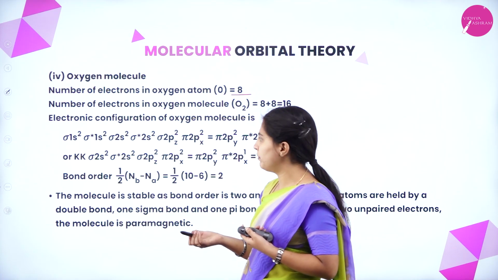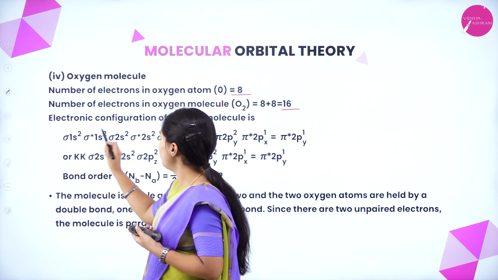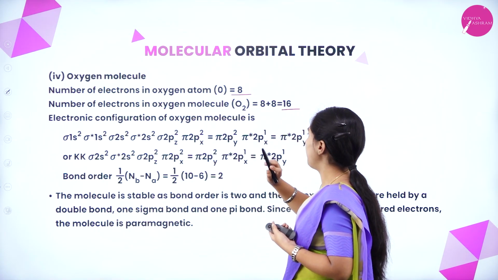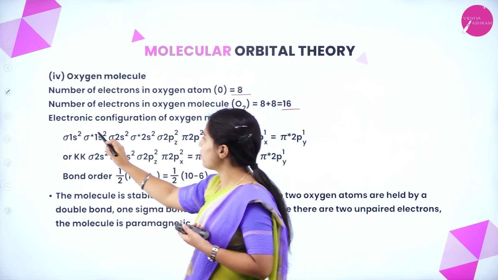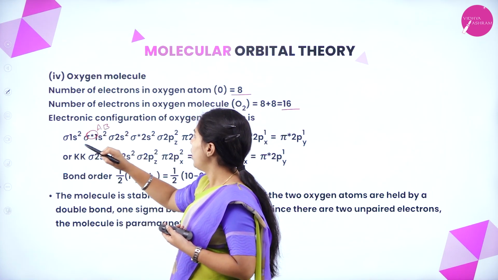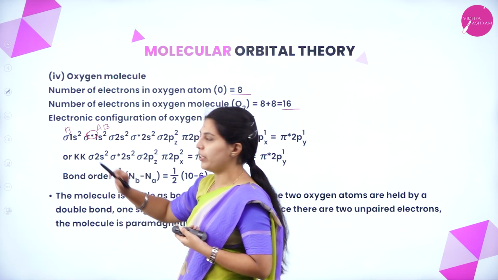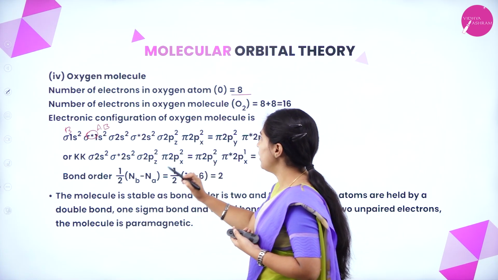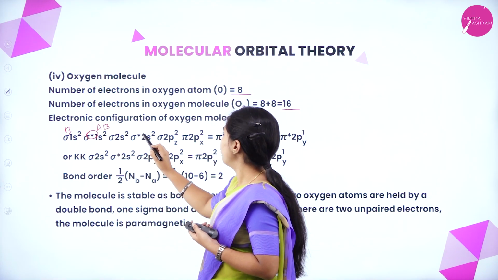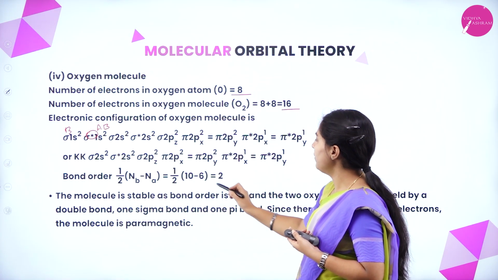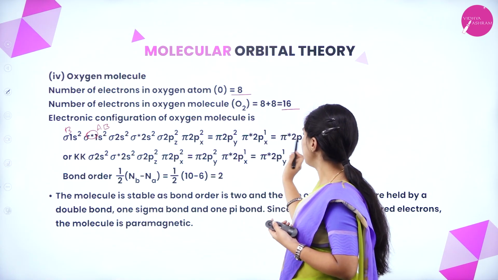How do you find it? Whichever orbitals have a star, those are anti-bonding; without a star, those are bonding. That's why 10 electrons are bonding, counting 2, 4, 6, 8, 10. Here the anti-bonding are 2, 4, 6, that's why 6. These are equivalent, right?